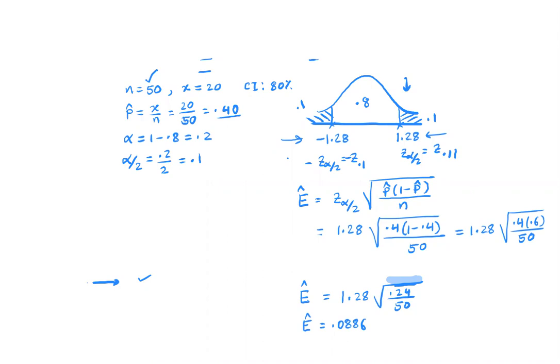So your confidence interval is going to be p hat plus or minus E hat, which is p hat minus E hat, comma, p hat plus E hat. So it's going to be p hat is 0.4 minus 0.0886, comma, 0.4 plus 0.0886.